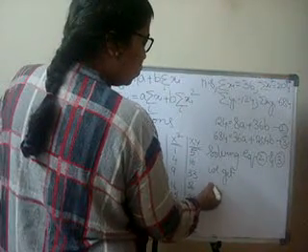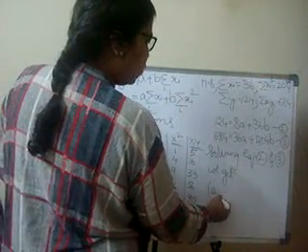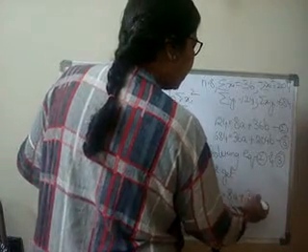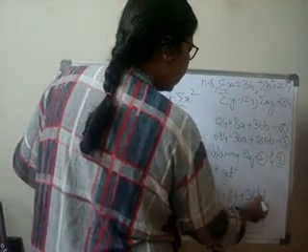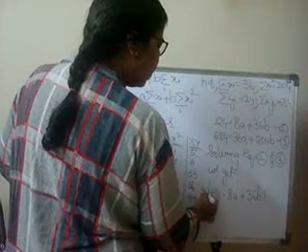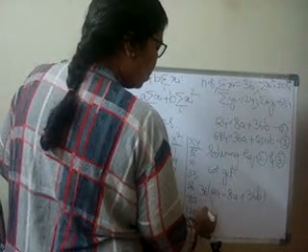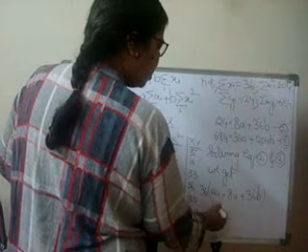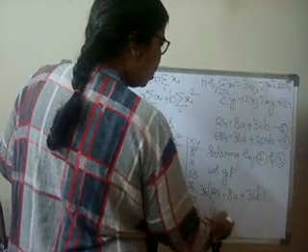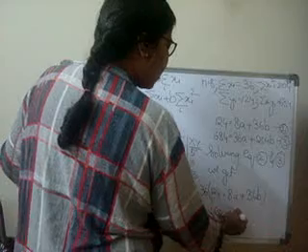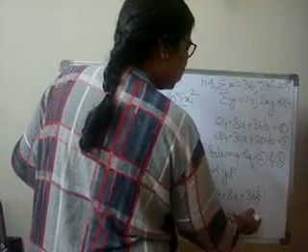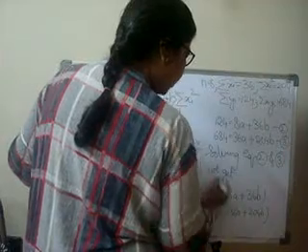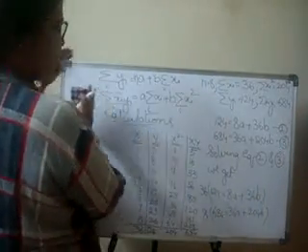So 124 is equal to 8a plus 36b, multiply with 36, and then here 684 is equal to 36a plus 204b, multiply with 8. Now what are we going to get? Let us see.